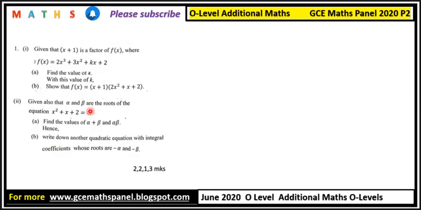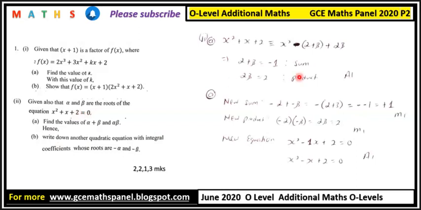And here, minus sum of roots is 1 and the product is 2. So alpha plus beta, that's the sum of roots, should be the negative of this value, which is negative 1, and the product is 2. So that's alpha plus beta, and that's alpha beta.